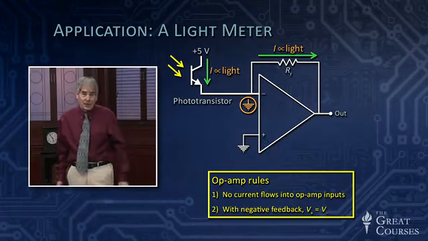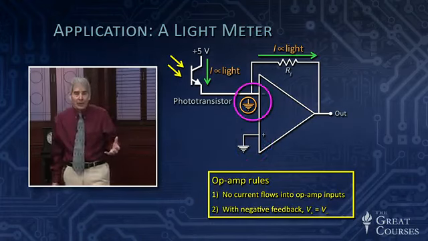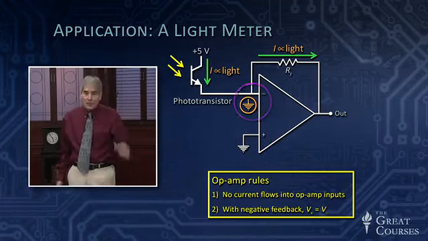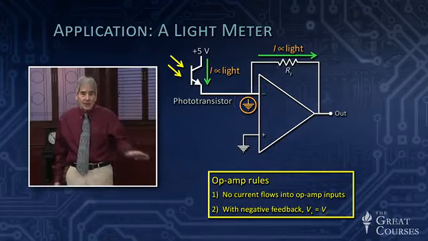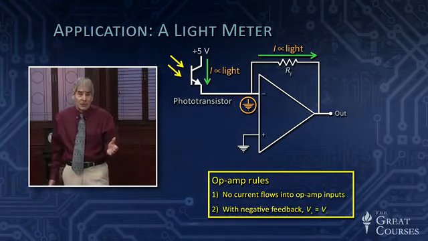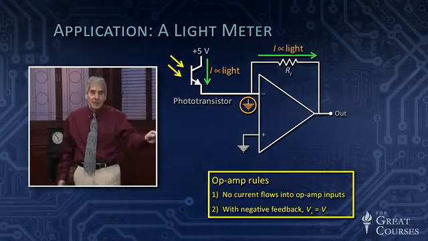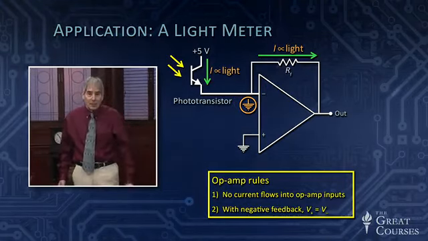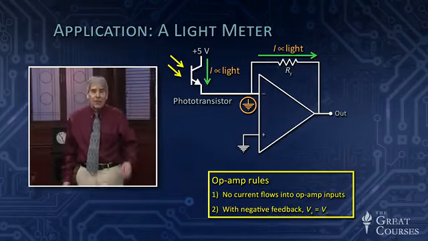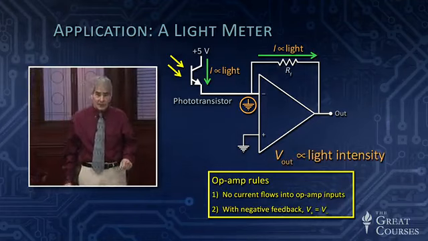And that, in this configuration, where the plus input is grounded, gives us a virtual ground at the inverting input. So same configuration as the inverting amplifiers we've been building, same configuration as the current to voltage converter. In fact, this is the current to voltage converter, except our current source is now a light intensity current source that produces a current proportional to the light intensity. And so we get at the output an output voltage which is proportional to the light intensity.